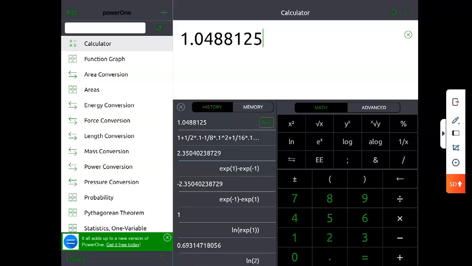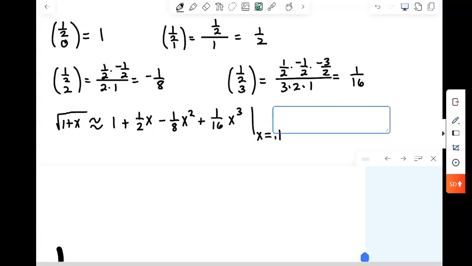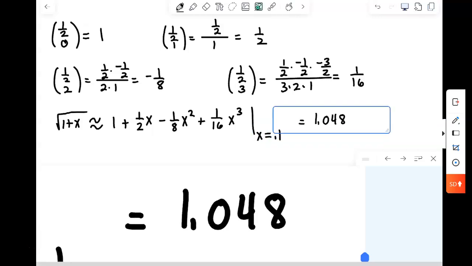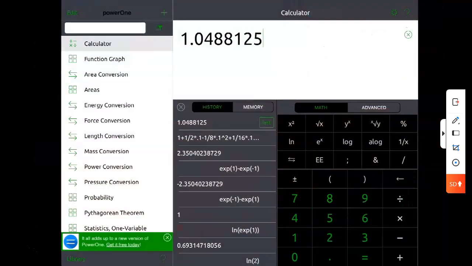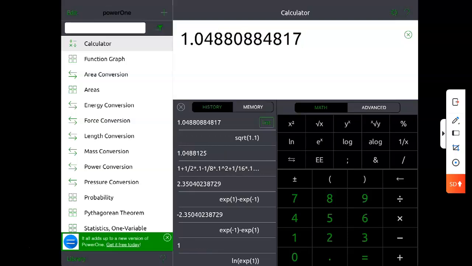I get 1.0488125. And let's contrast that with the actual square root of 1.1, which is 1.0488. So we're pretty close. If we go out to 4 decimal places, we are in agreement.